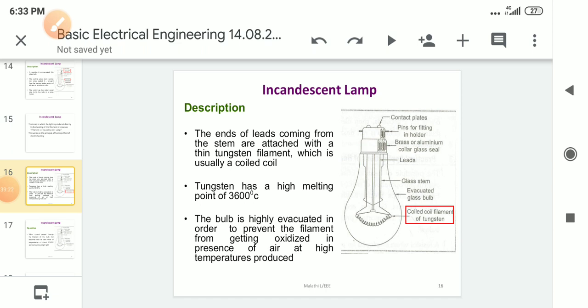Because it is made for working for 1000 hours. If we switch it on even though it is not required, then its life is wasted, and at the same time electrical energy is also wasted. So we have to take care of such things.